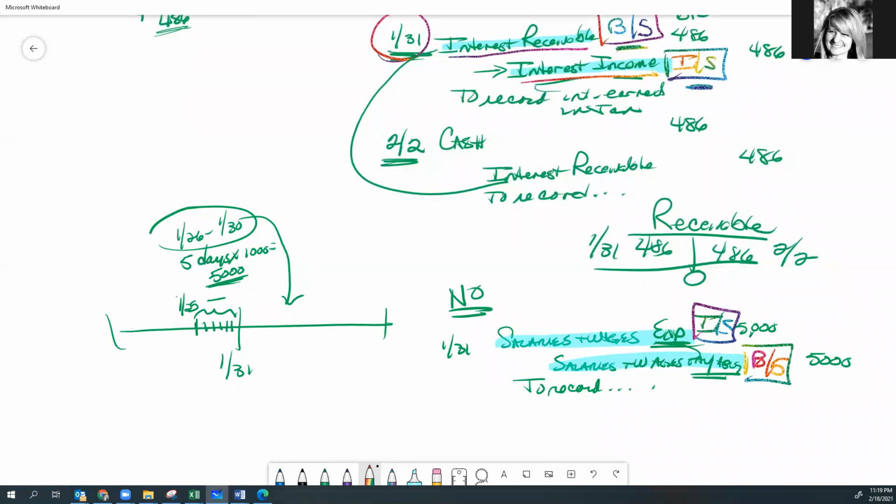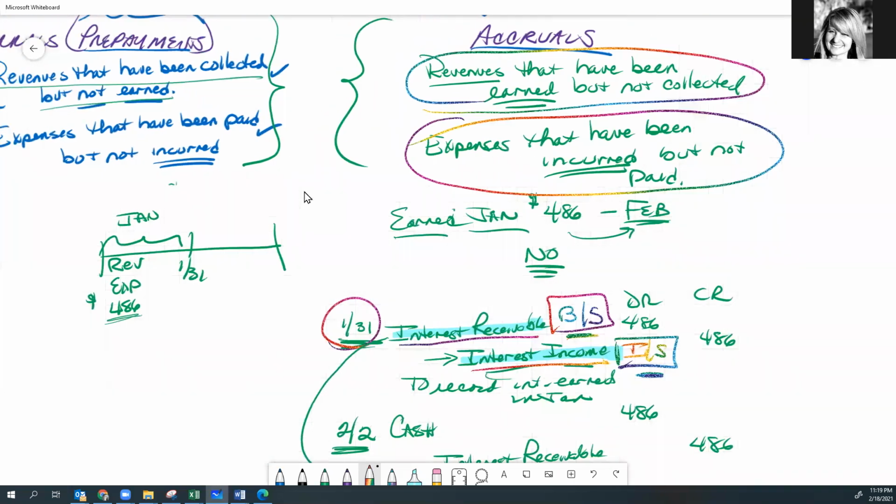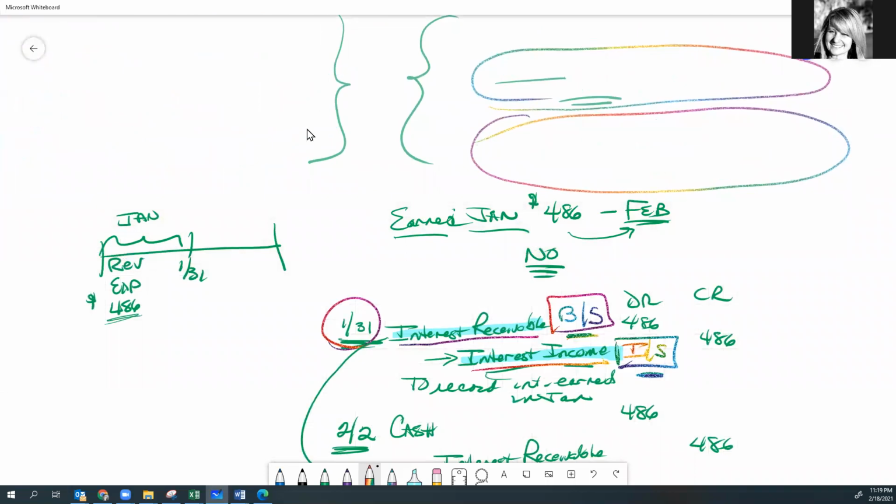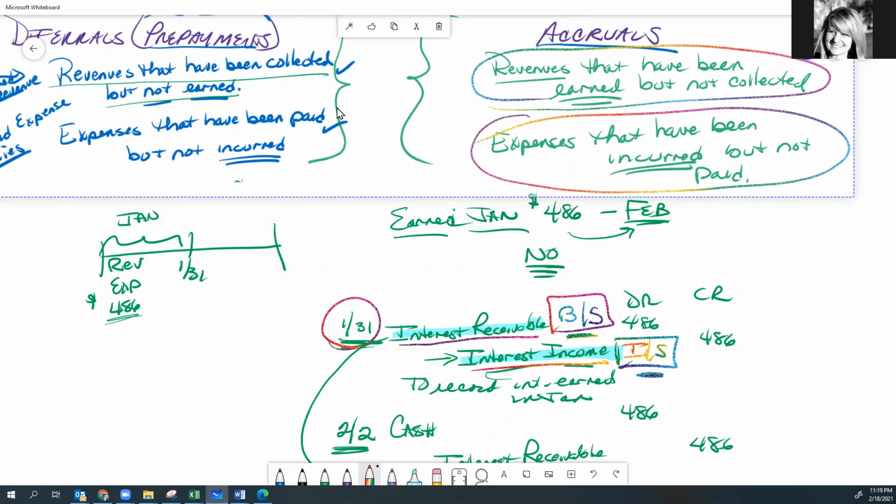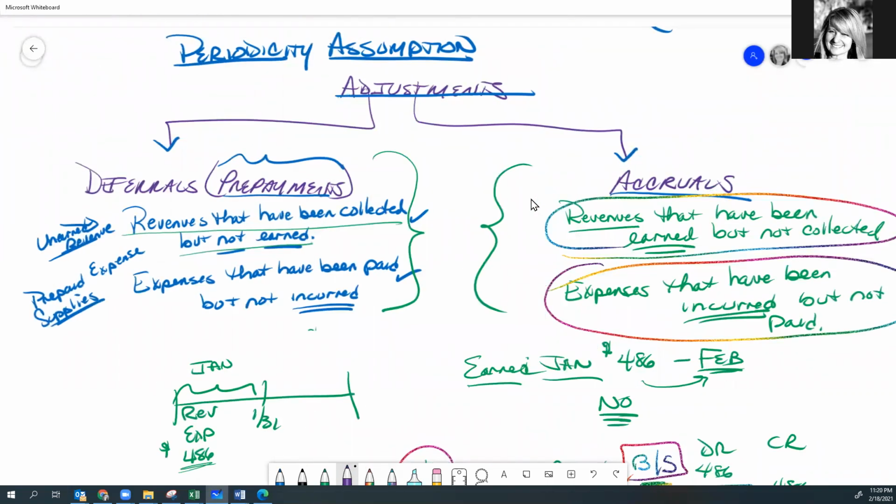What you need to do is to take a look at how I describe these things up here and make sure, the most important thing is to make sure that when you issue those financial statements, whatever date this is, that this period, because of the period assumption, includes all revenues earned and all expenses incurred. Has nothing to do with cash. So if you keep that in mind, you can't go wrong.